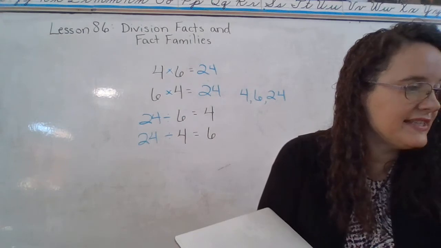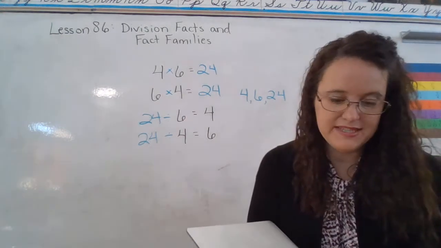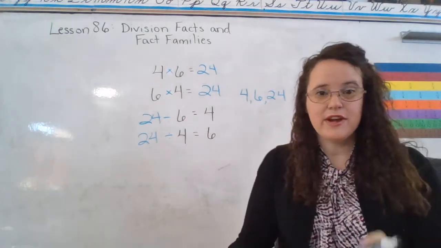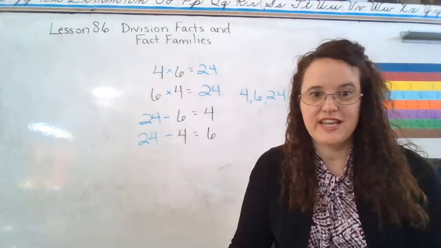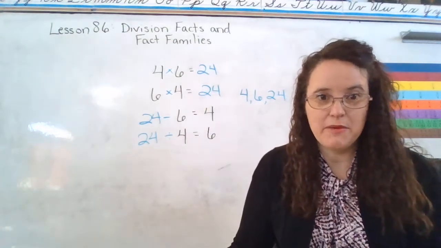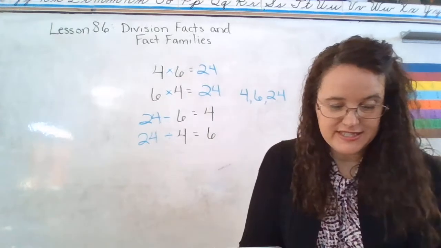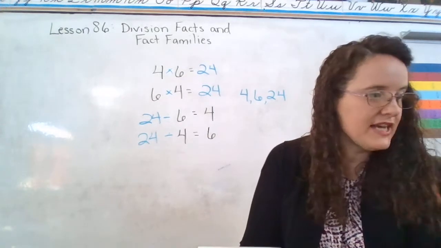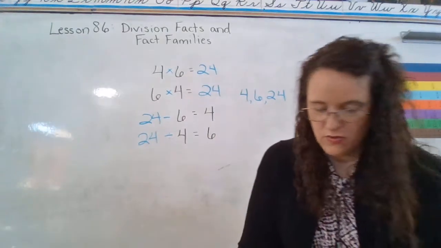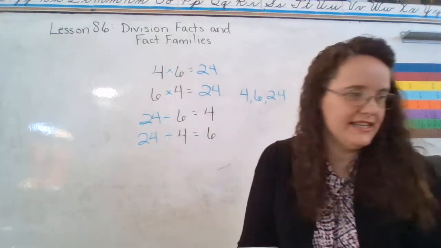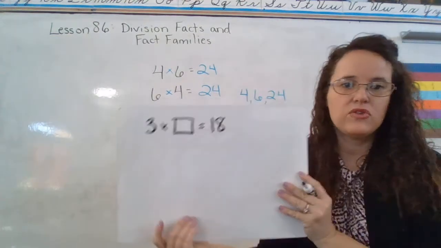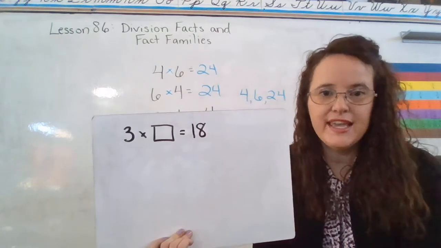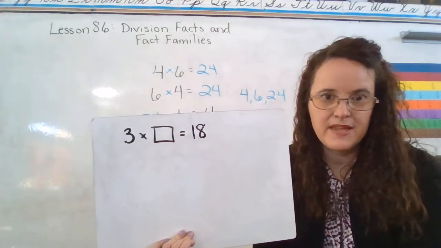Okay, the next example says find each missing factor. This is where it's really important for you to understand where does the big number go. So in my first example, I have 3 times something equals 18.